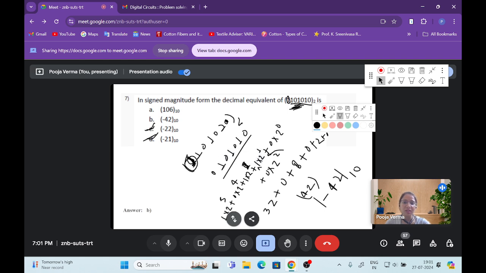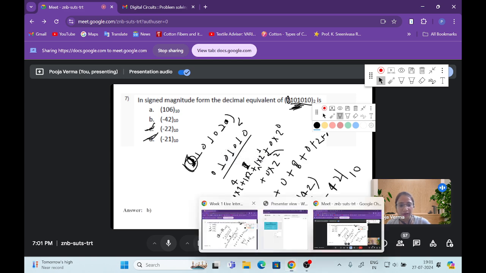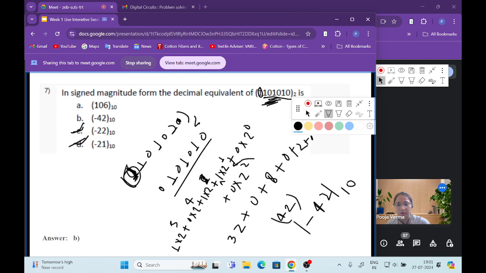I think you will get 106, because if you calculate 1 into 2 to the power 6 and so on, you will get 106. But it is given in the question as sign magnitude, so you have to consider the first bit. So just don't confuse it.